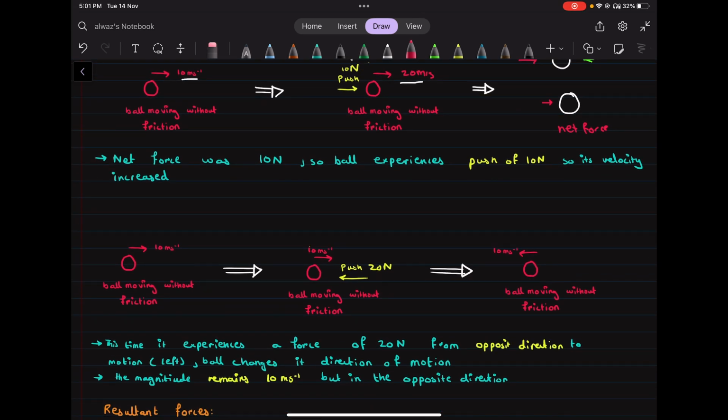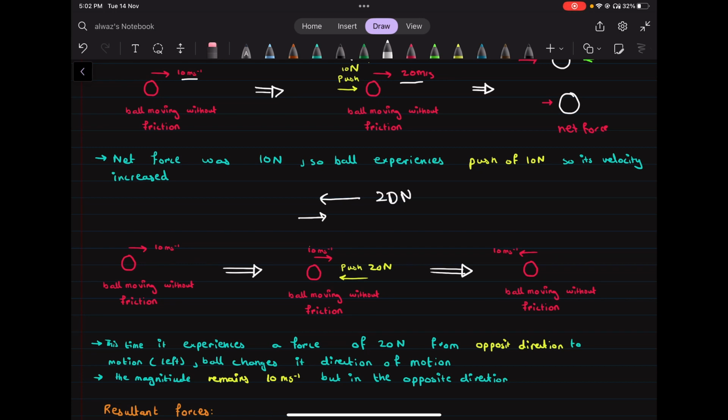Now, in this other diagram, we see that a ball is moving without friction. The same ball is moving without friction with the same speed. This time, we push the ball with a force of 20 newtons, but in the direction opposite to its motion. So, the ball was originally moving towards this side, but we pushed it towards the left with a force of 20 newtons.